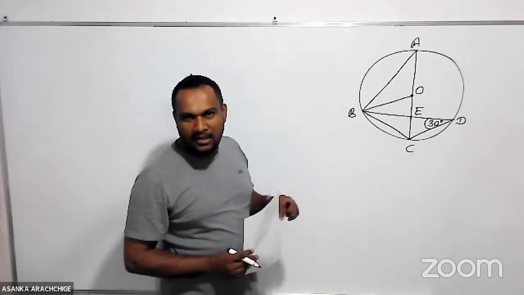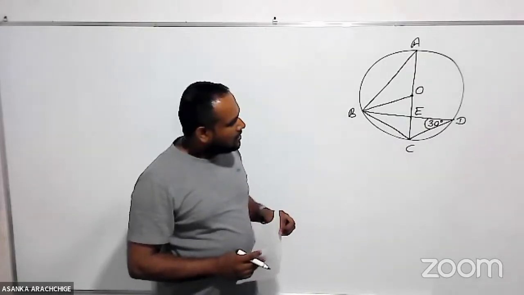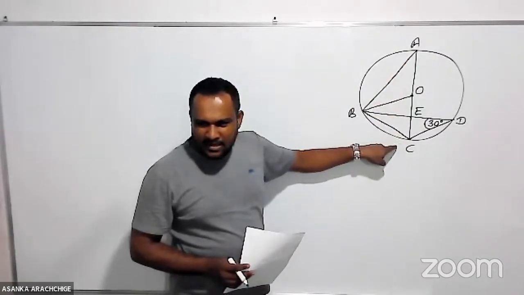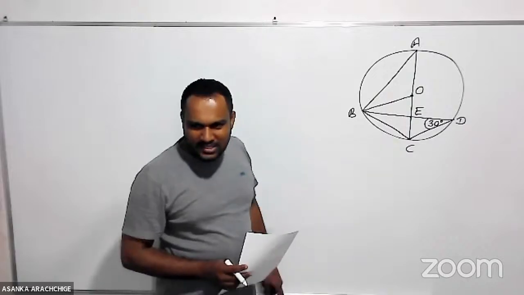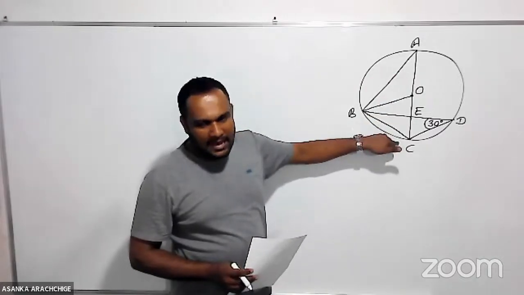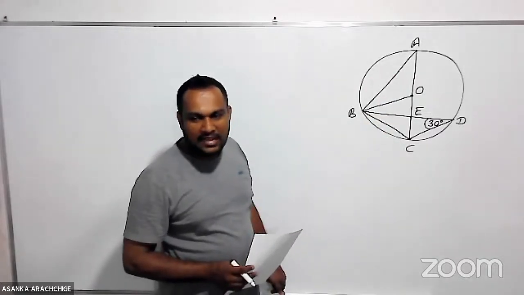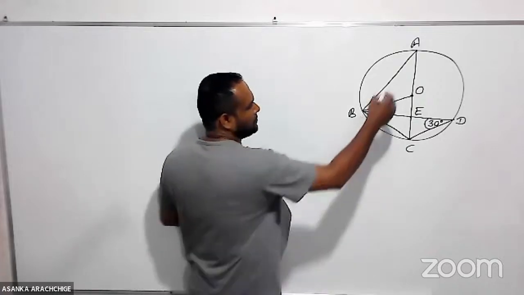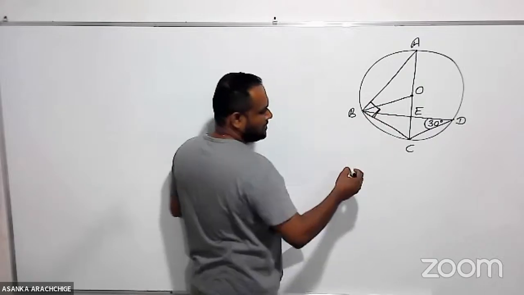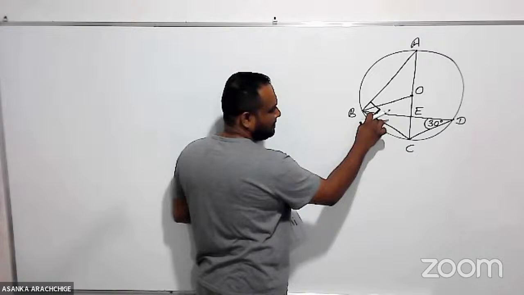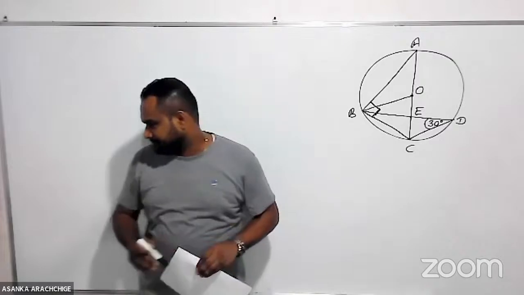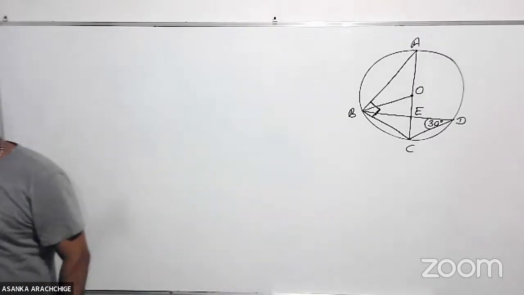Does this diameter subtend an angle on the circle? What is that? ABC. Therefore, ABC is the right angle. Reason: angle in a semicircle.